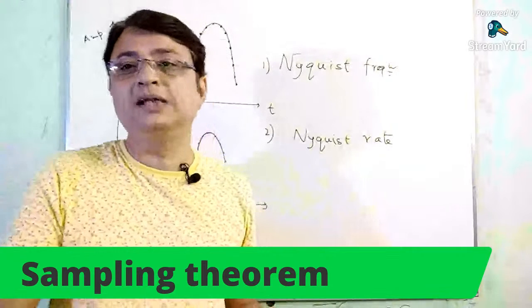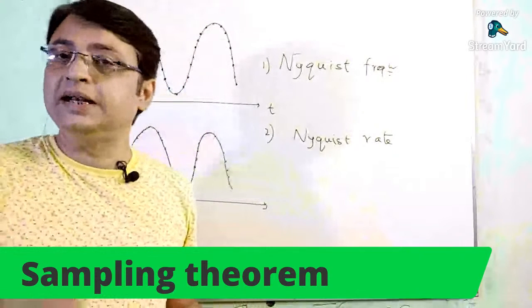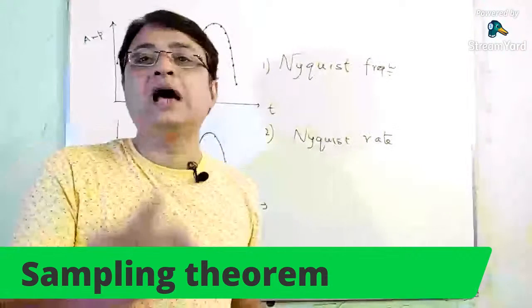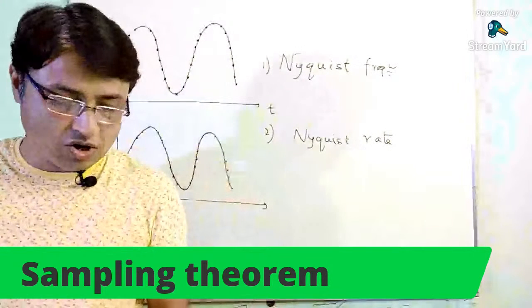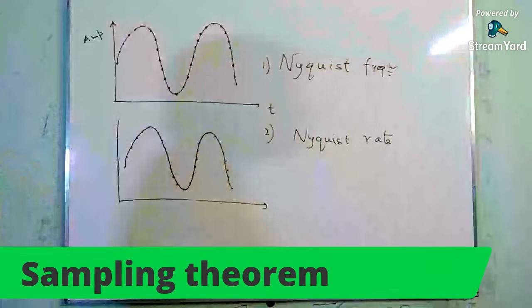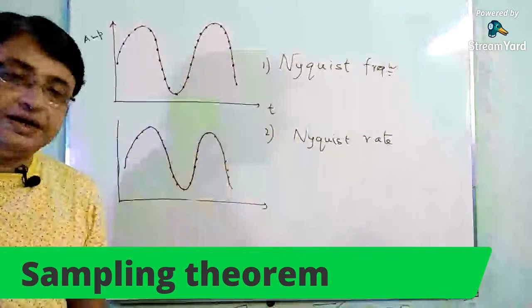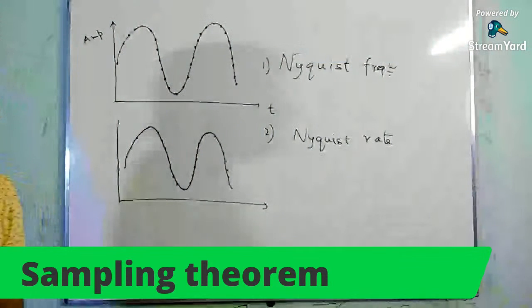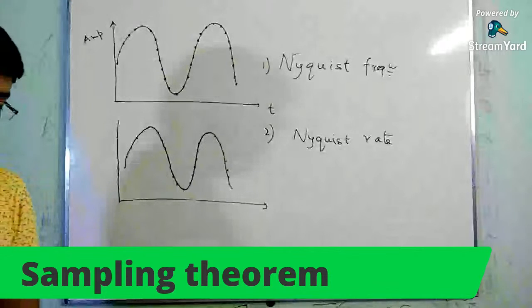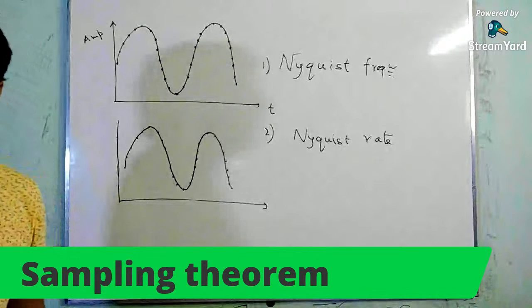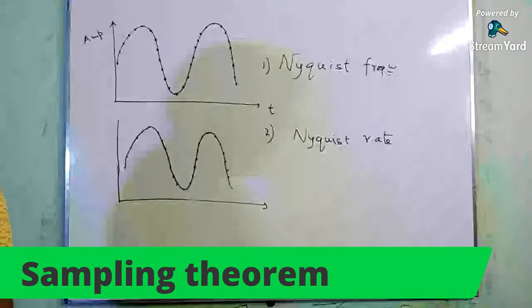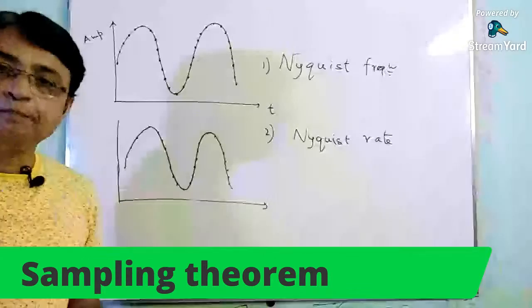So if twice the frequency is the Nyquist frequency, then half of it is the minimum sampling rate, as rate and frequency are inverse to each other.